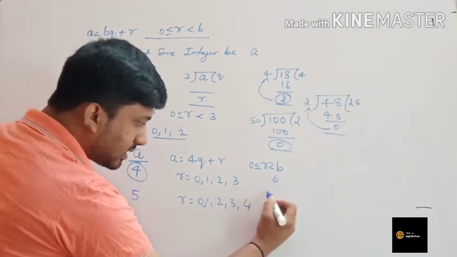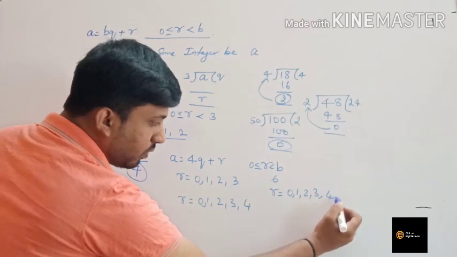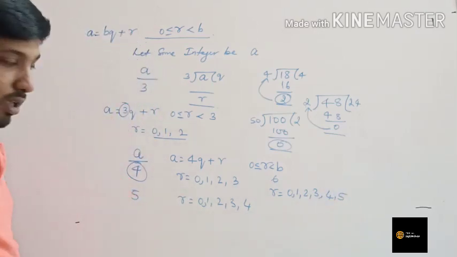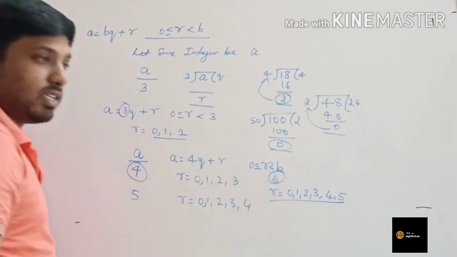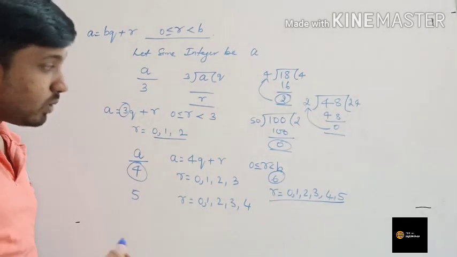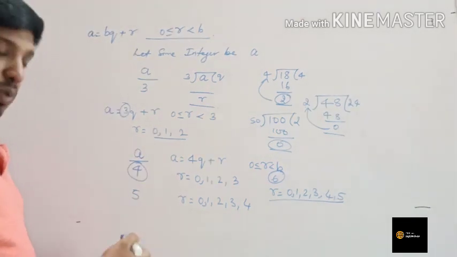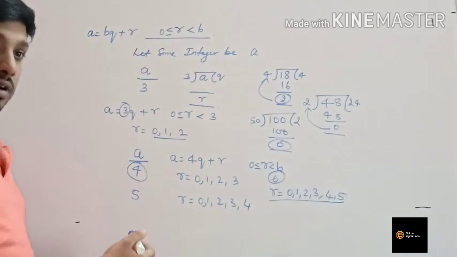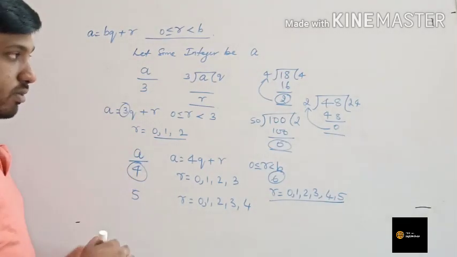When we divide by 6, r is equal to 0, 1, 2, 3, 4, 5. Are you following? So always the remainder will be less than the divisor. This is Euclid's division lemma. Whatever integer we divide by any number, the remainder will be lesser than the number which is dividing.